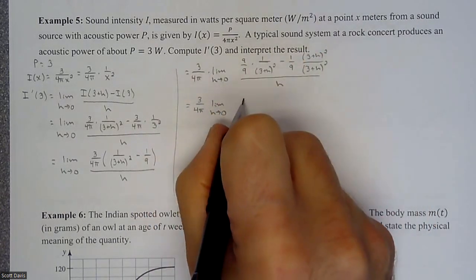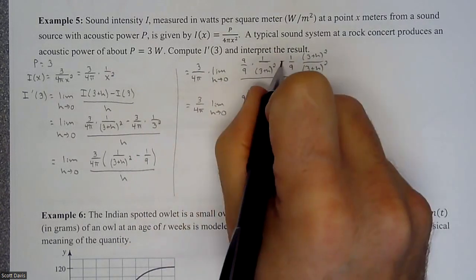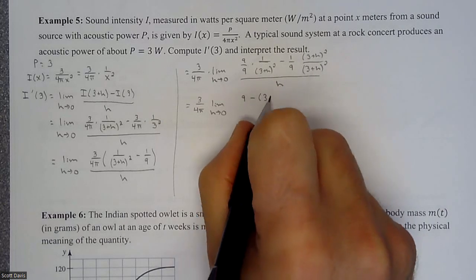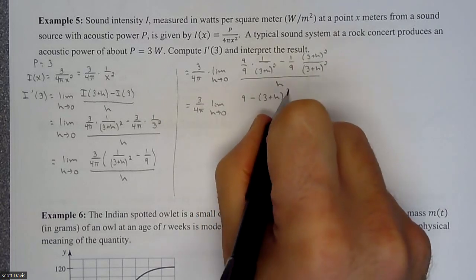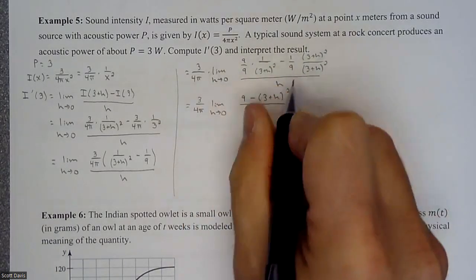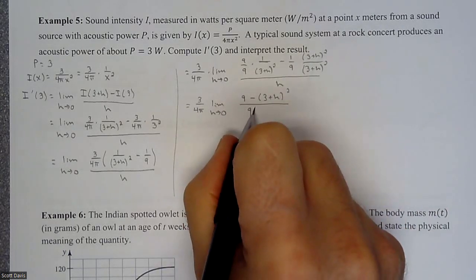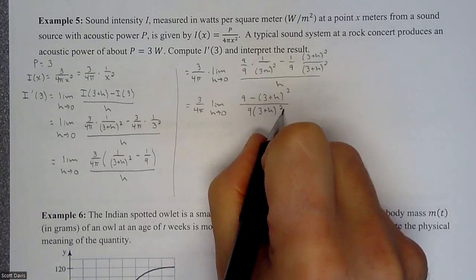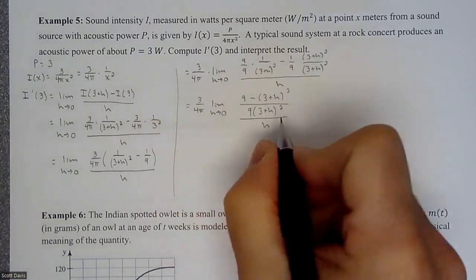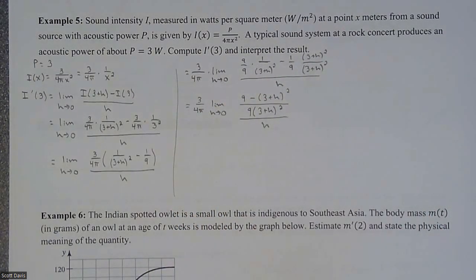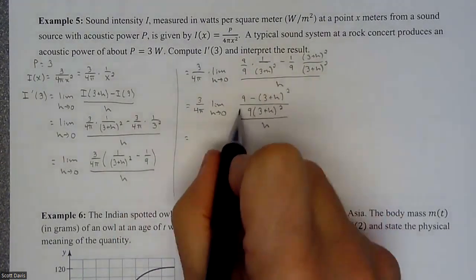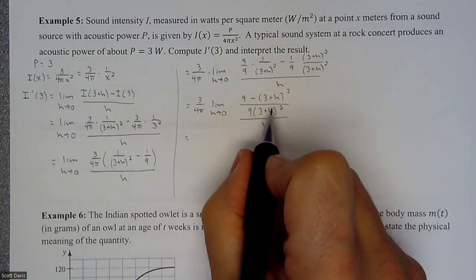I'm going to have a 9 minus this (3 plus h) squared over our common denominator of 9 times (3 plus h) squared, all over h. All right, so at this point, that's pretty much the best that I can do on there.